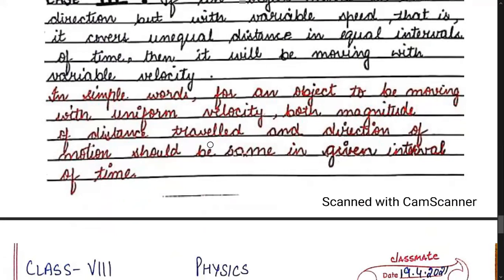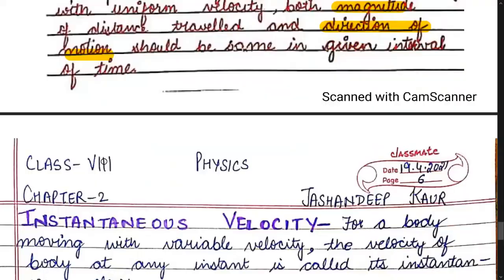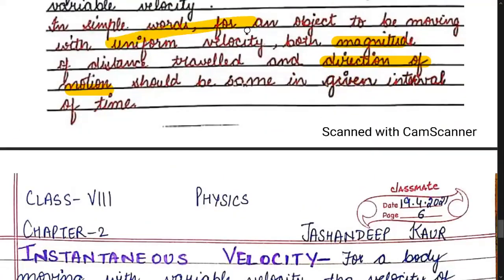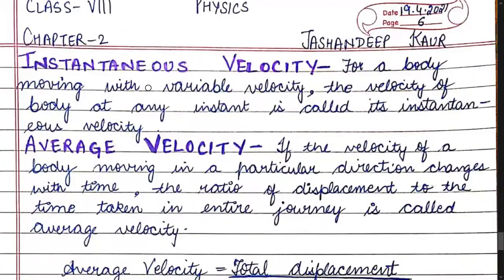So in simple words, for an object to be moving with uniform velocity, both the magnitude of distance, magnitude means value of distance traveled, and the direction of motion should be the same. Both things should be the same. The distance traveled in a particular time and the direction of motion in that time should be the same. Only then will the velocity be uniform.